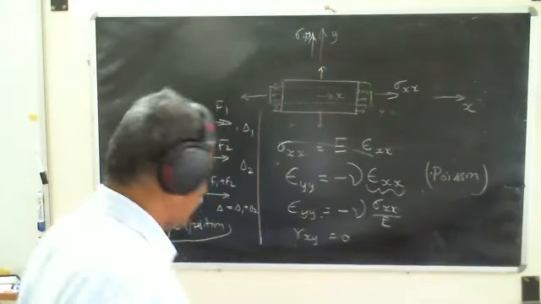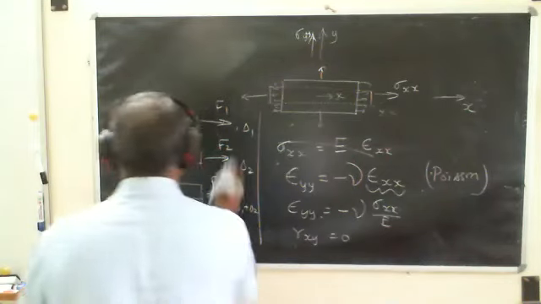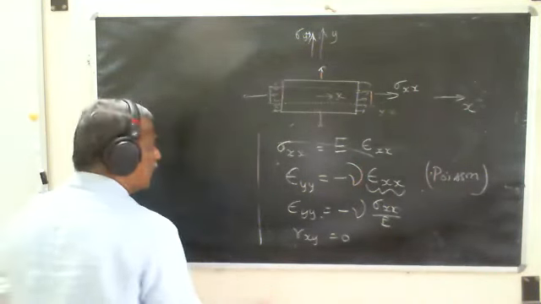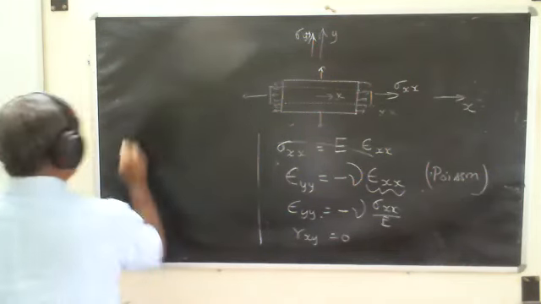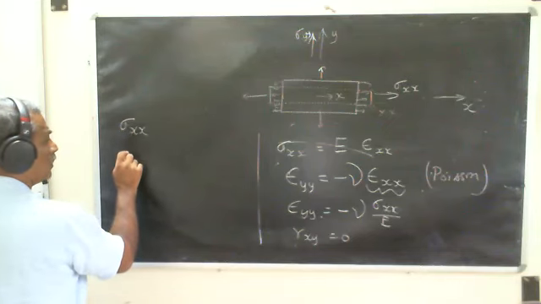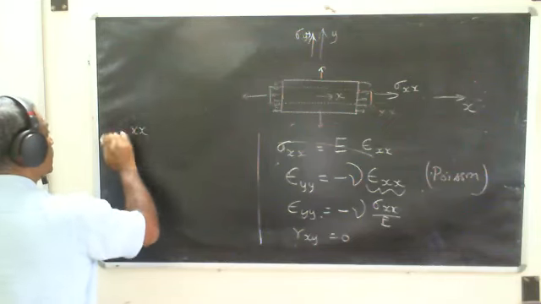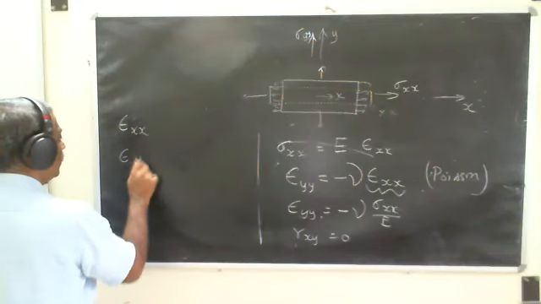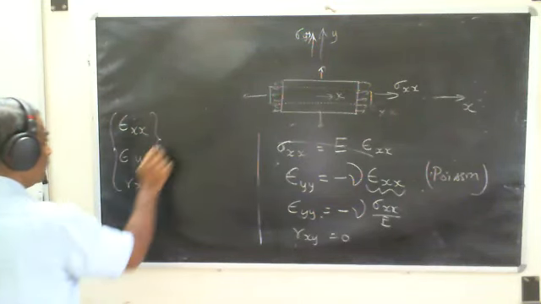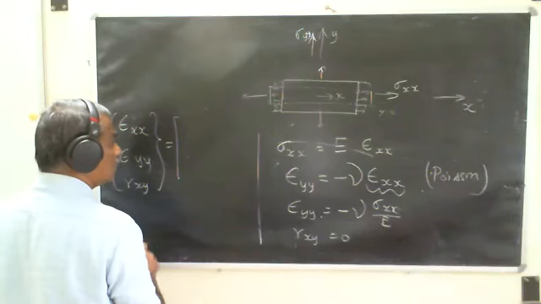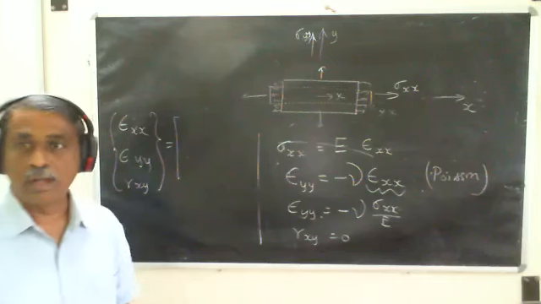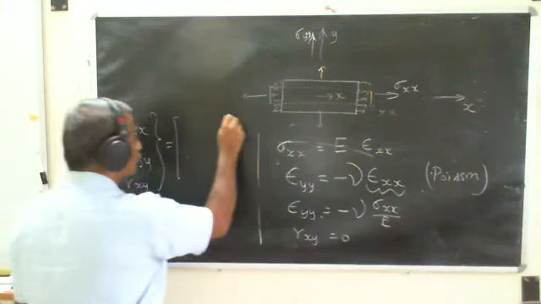Okay, so let's write this in matrix form. So epsilon xx, epsilon yy, gamma xy is equal to, help me out, please. One of you come on voice, help me out on this.